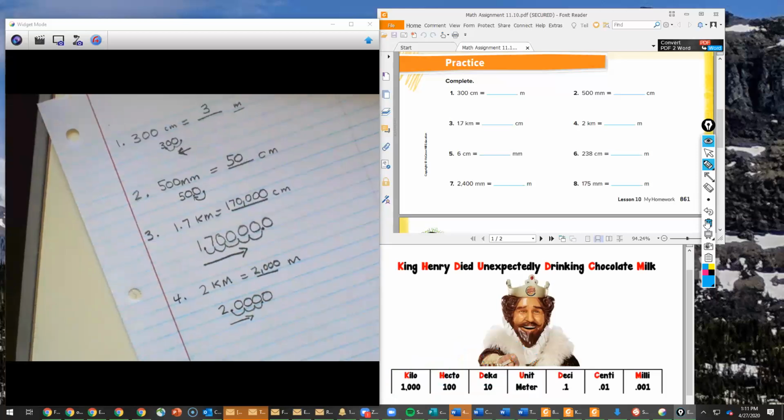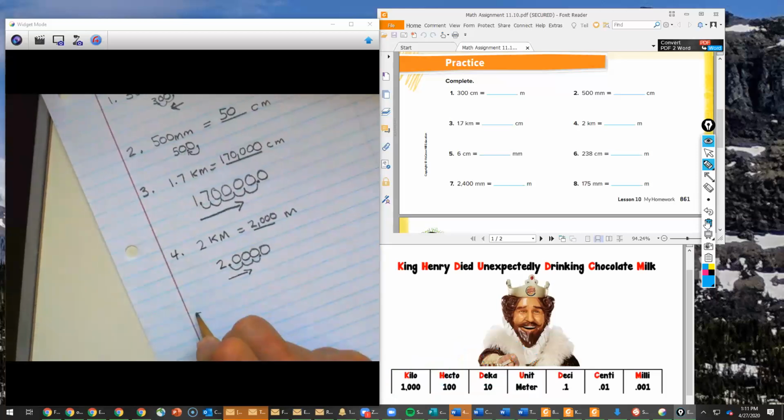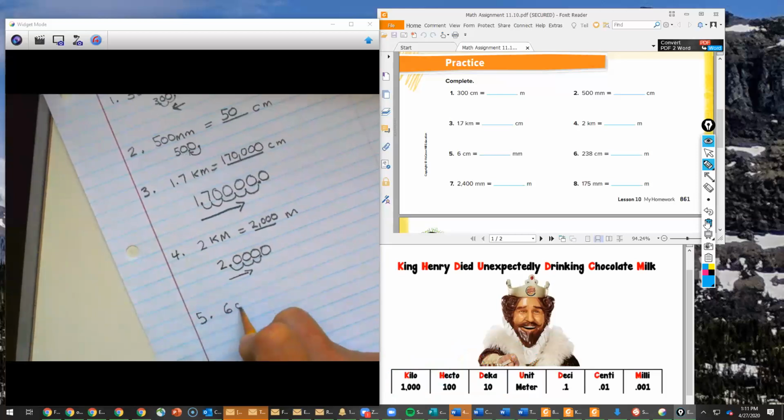We'll move on now to number 5. 6 centimeters is equal to blank millimeters. This time what we're going to do is look at our unit of measurement, which is centimeters right here. I'll find that on my King Henry Died drinking chocolate milk chart.